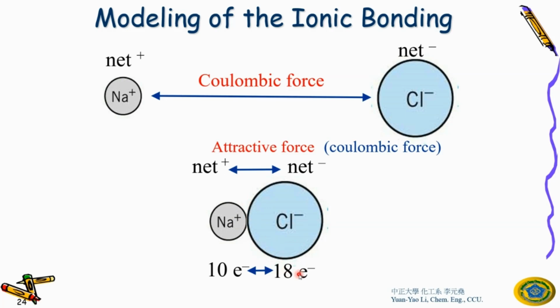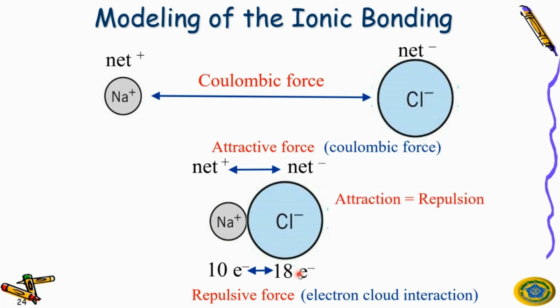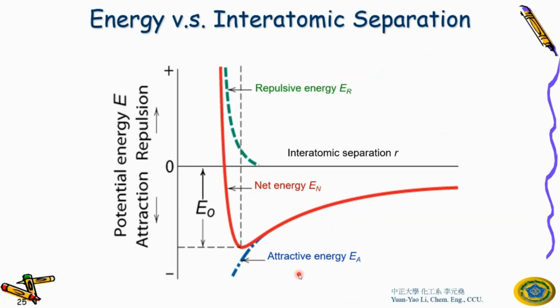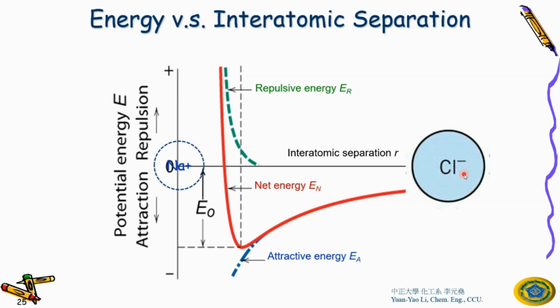So they'll get repulsion anyway. But as you know, there's a repulsion force and an attraction force, so when they get together, they will have a net force. That's why we have the equilibrium spacing and the bonding energy, right? Put together, you can regard this as cation and anion, or two atoms.